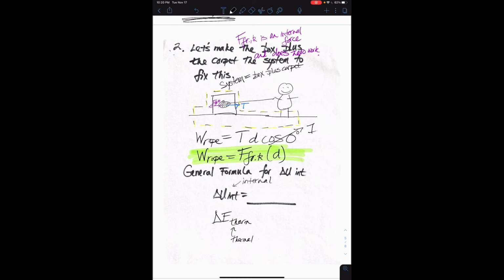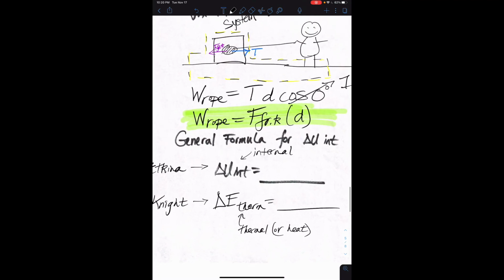And thermal just meaning heat, right? Okay. So you can use either symbol you want. I think the Knight textbook uses this one, and the Giancoli textbook, which I also like, uses this one. And it doesn't matter which you use.